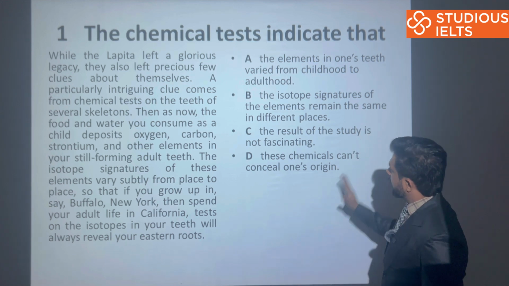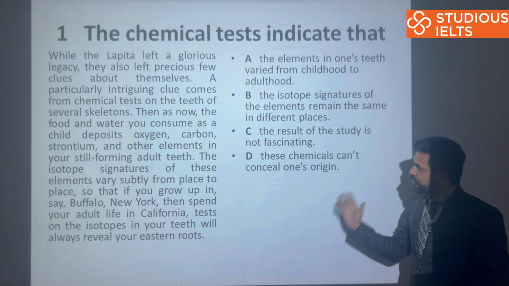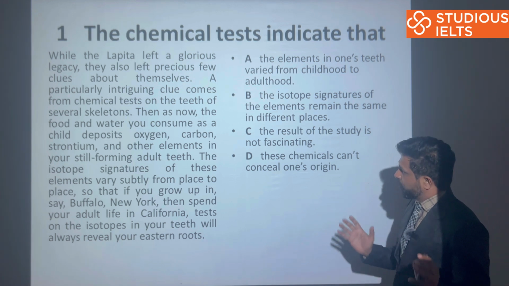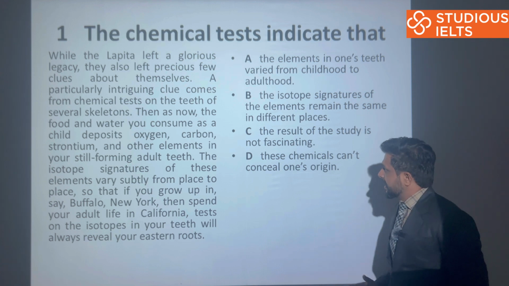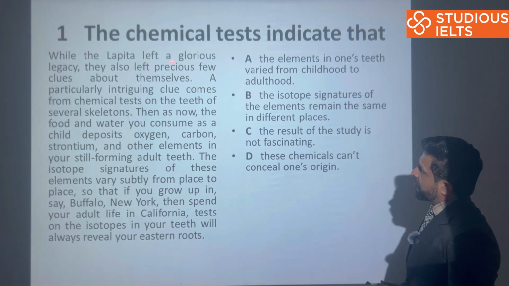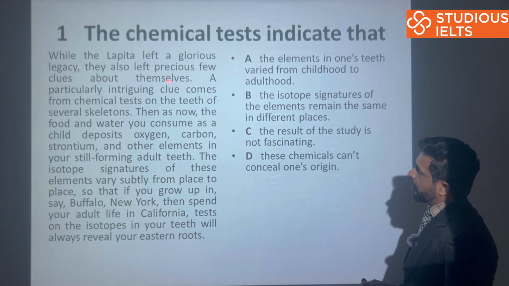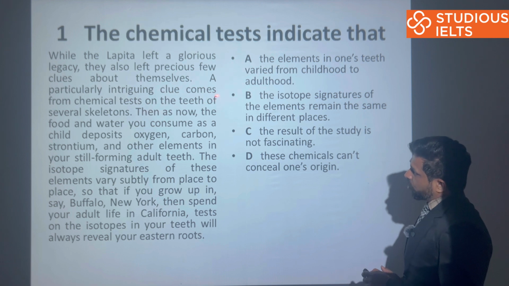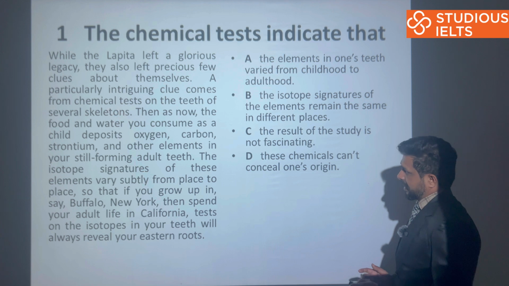So before going to the answer itself, we will read that particular information very carefully. So please read with me. It says, while the Lapita left a glorious legacy, they also left precious few clues about themselves. A particularly intriguing clue comes from chemical tests on the teeth of several skeletons.